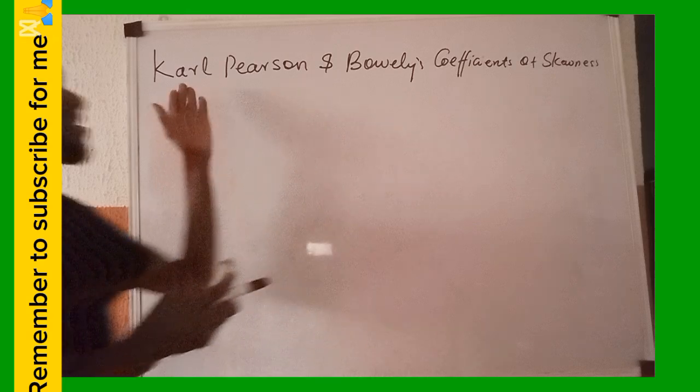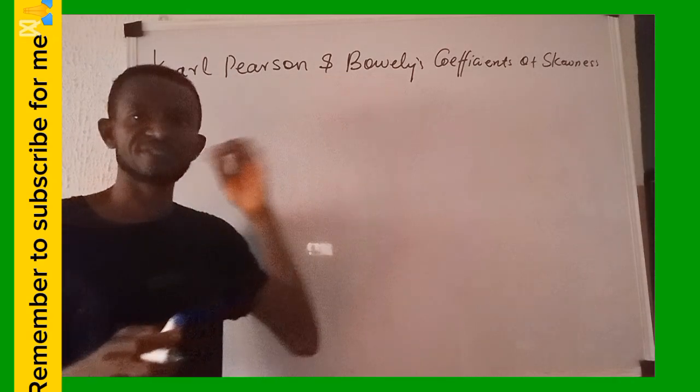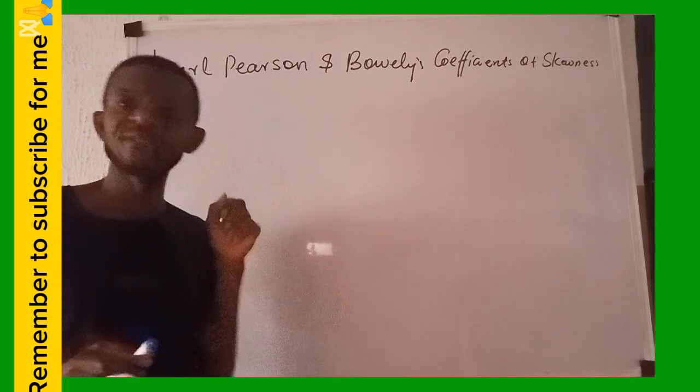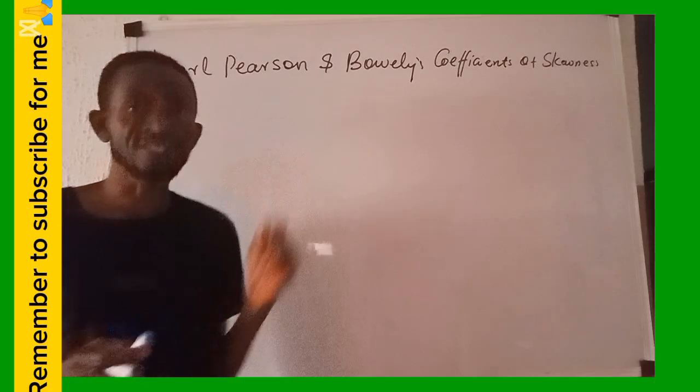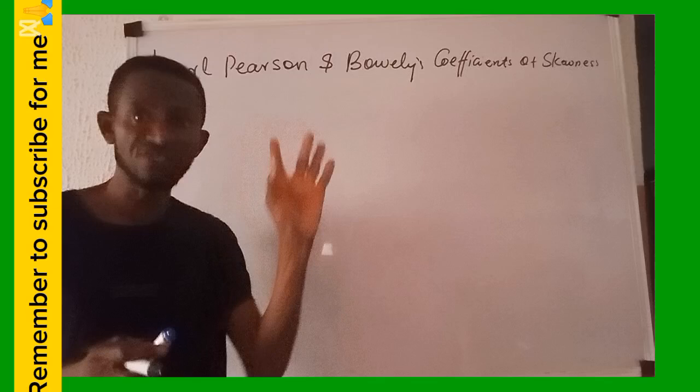Karl Pearson and Bowley said that the measure of skewness can equally be obtained from the following measures.